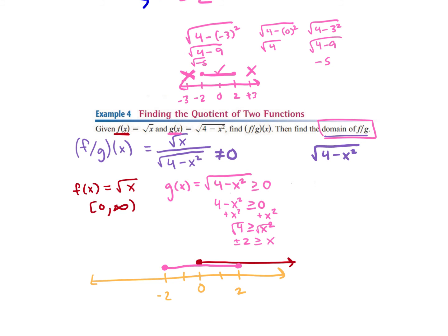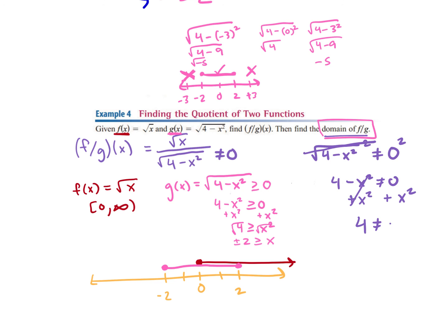So 4 minus x squared cannot be 0. So I can square both sides. I'm just solving for x, so the square root cancels out there. 4 minus x squared does not equal 0. Add x squared to the other side.